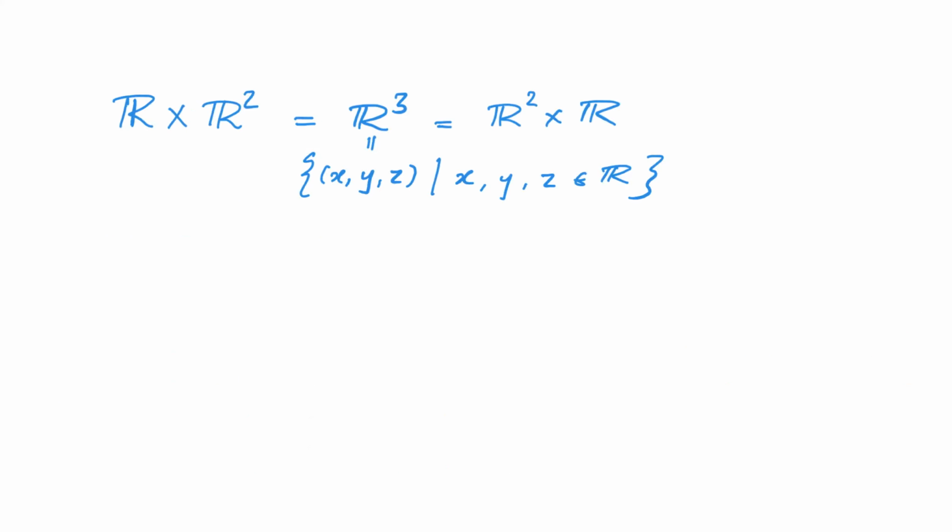Let us repeat. We treat R cross R2 and R2 cross R as the same and we call them R3.